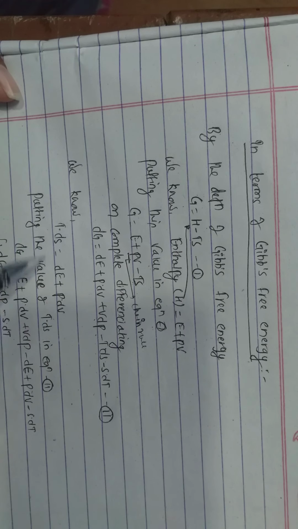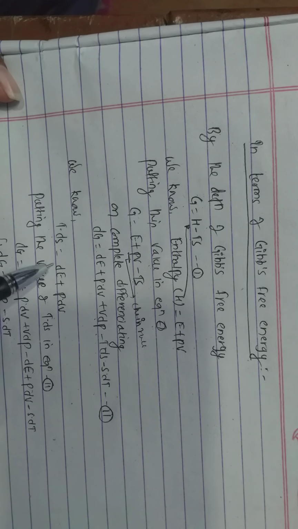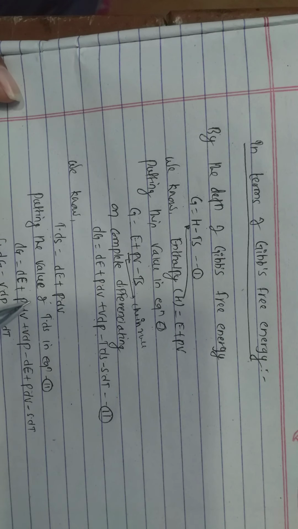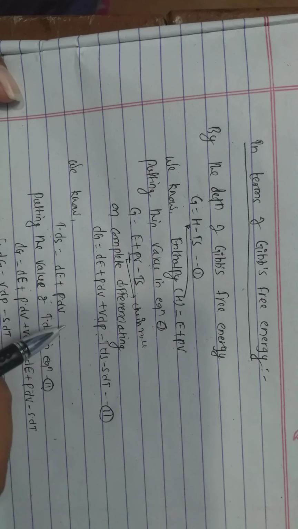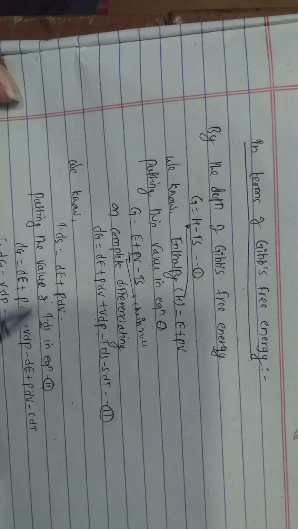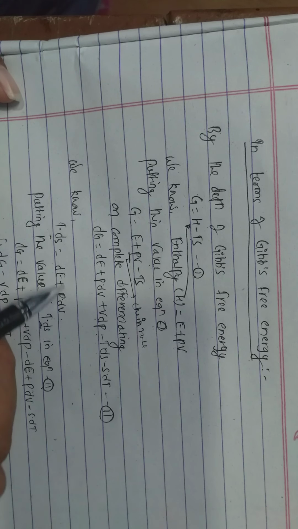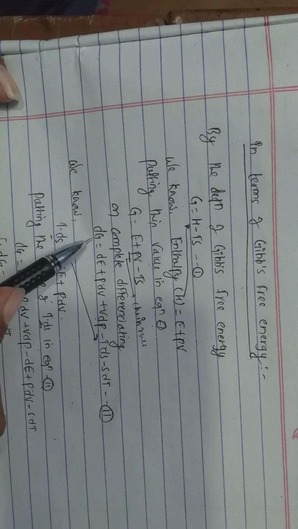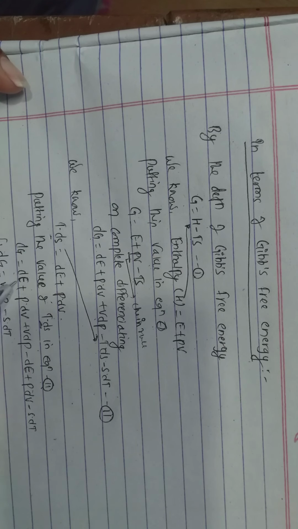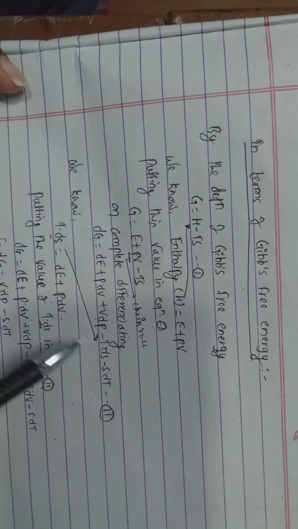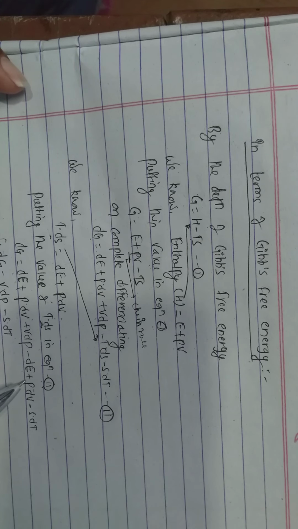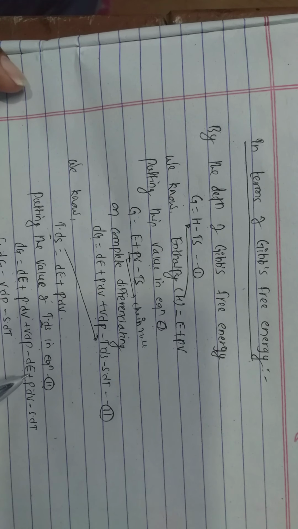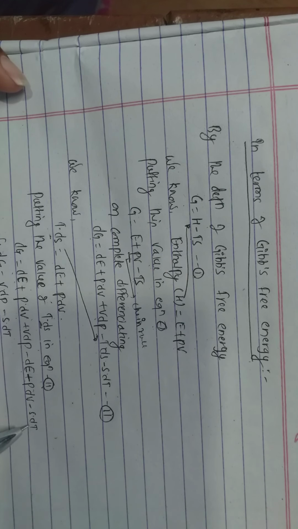We also know from the formula of the first law of thermodynamics that T dS is equal to dE plus P dV. Putting the value of T dS in equation 3, dG is equal to dE plus P dV plus V dP, and instead of T dS we put dE plus P dV, minus S dT.